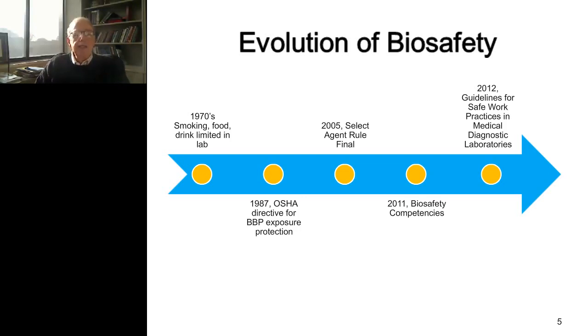And then 2005 was another sentinel event with the implementation of the select agent rule. That placed strict requirements on the handling of select agents, organisms like Bacillus anthracis, Brucella, and others that are at high risk of being used in a terrorism event.